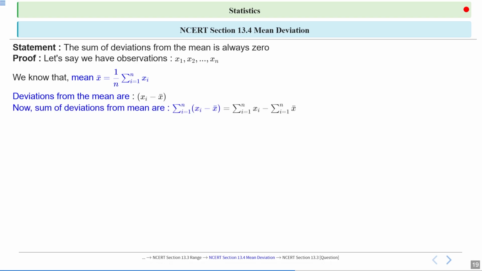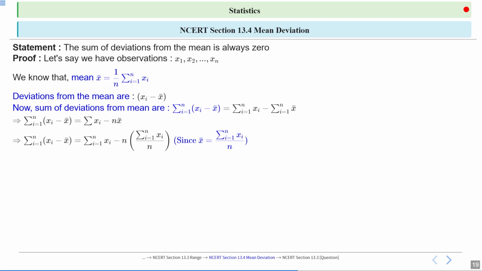The sum of deviations from the mean is the summation from i equals 1 to n of (xi minus x bar). This is equal to the summation of xi minus the summation of x bar, which is summation of xi minus n times x bar.